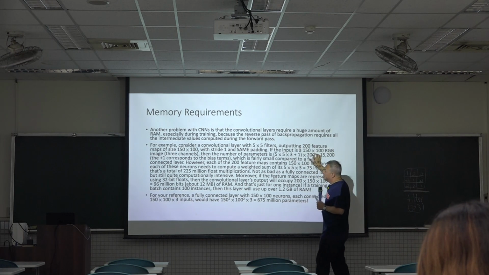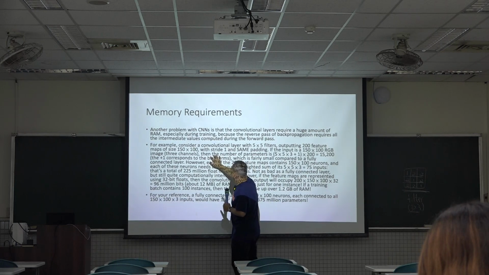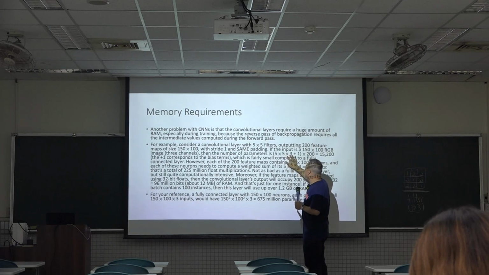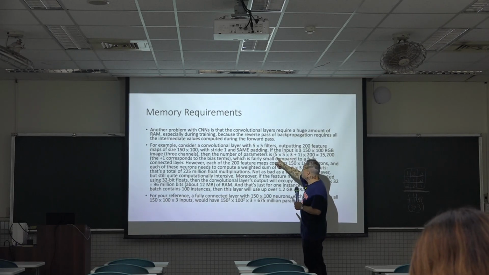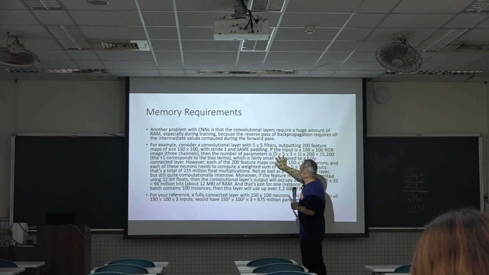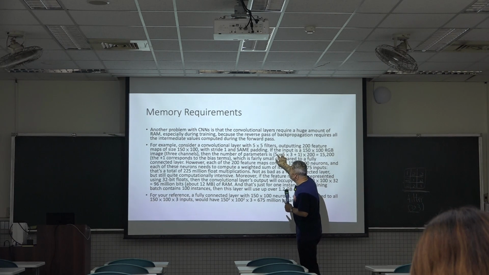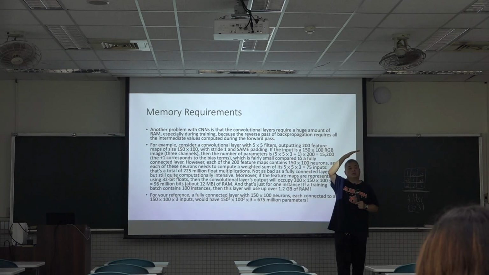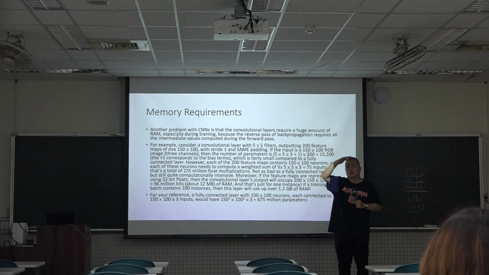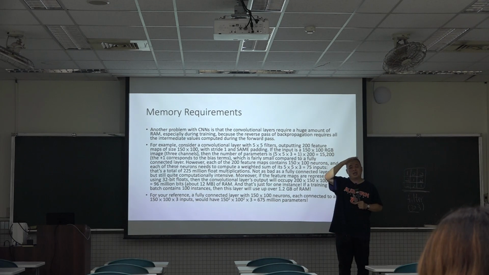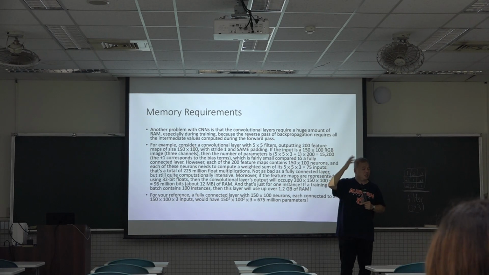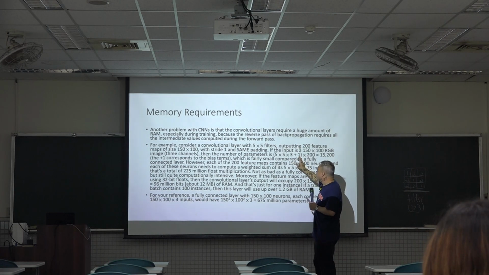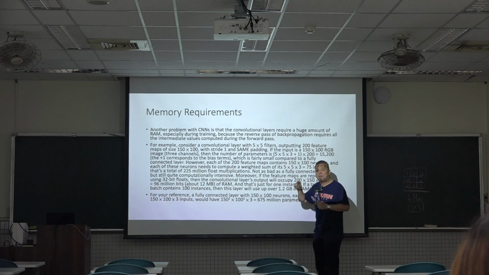The number of parameters is actually 5 times 5 times 3 plus 1. The 5 times 5 is from the size of the filter, times 3 because we have 3 channels, and each channel has a different value in the filter. Why do we have this plus 1? Because this 1 is the bias.